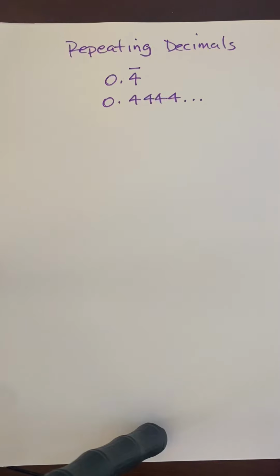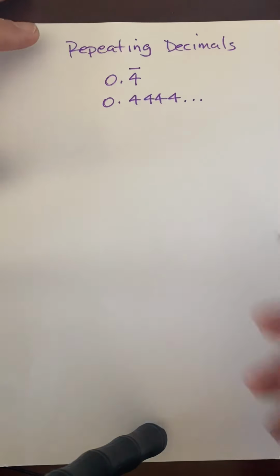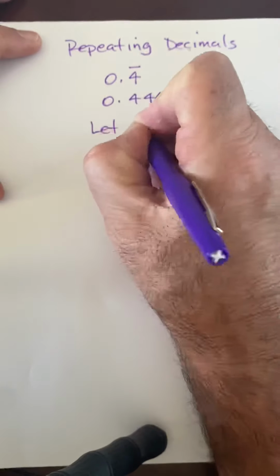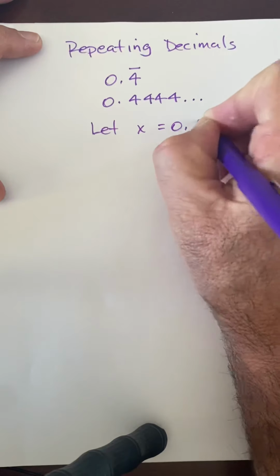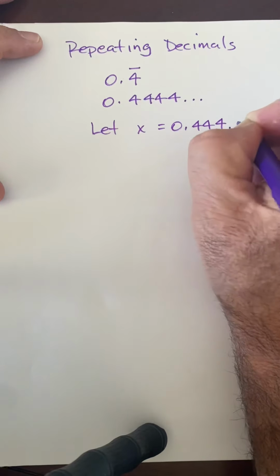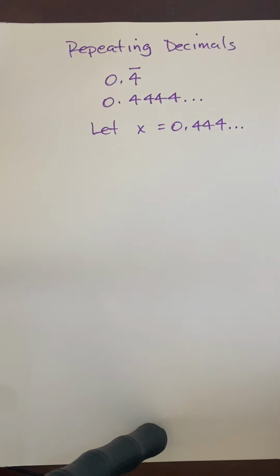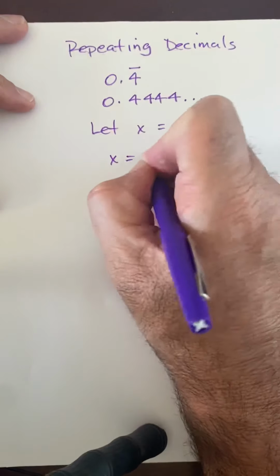Okay, so here's how we do it. The first thing you do is you write a let statement. Let x equal 0.44. We're going to use this version. Then I'm going to write an equation, this equation.